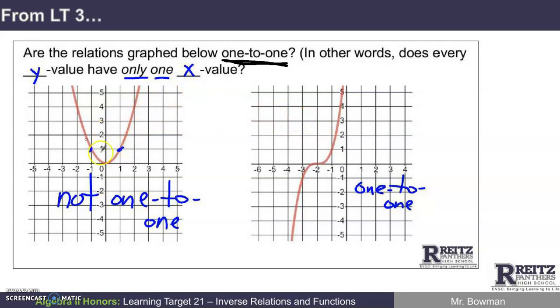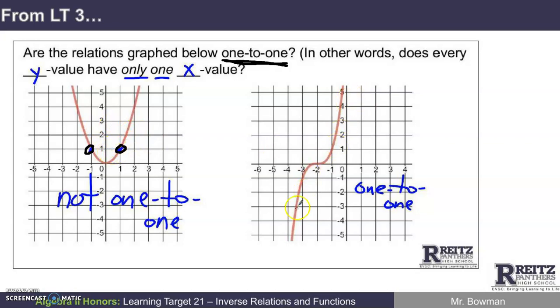This function right here, which we now know is y equals x squared, is not one-to-one. We gave you the example of when y is 1, x could be 1 or negative 1. This y value, in fact, all of the positive y values have more than one x. There's 2 for each. This is not a one-to-one function.